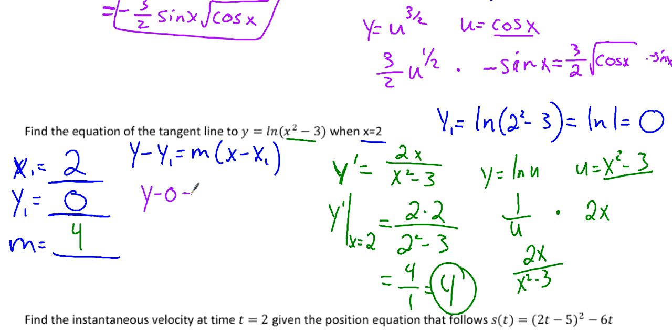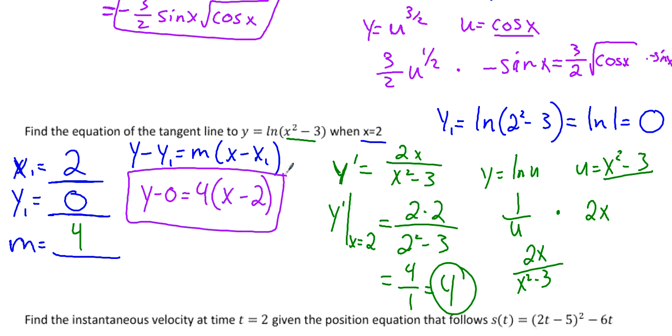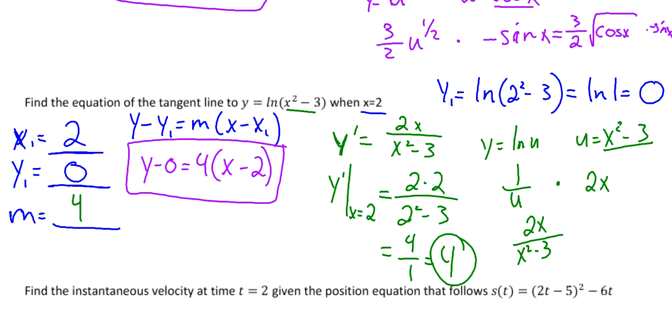Y minus 0 equals 4 times x minus 2. And that's the equation of my tangent line. So we're doing a problem that we've done before, but to find the slope, this time I had to do chain rule. Okay? Next.